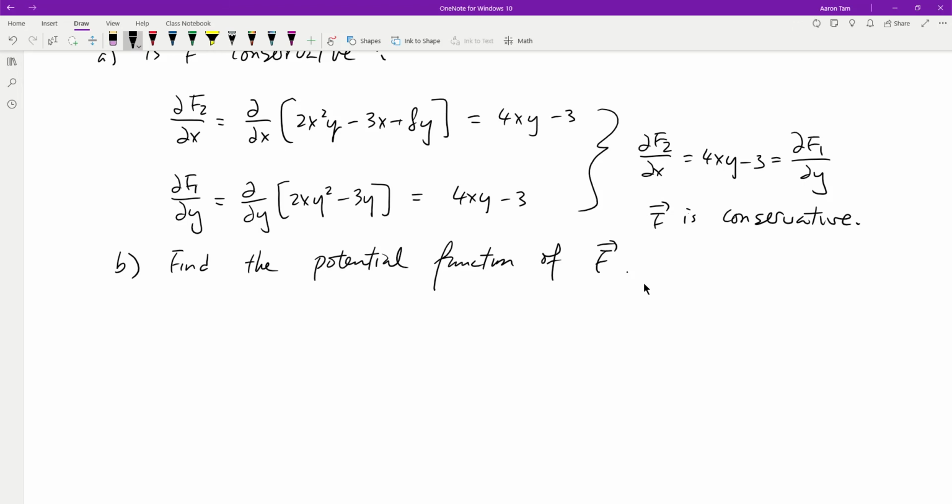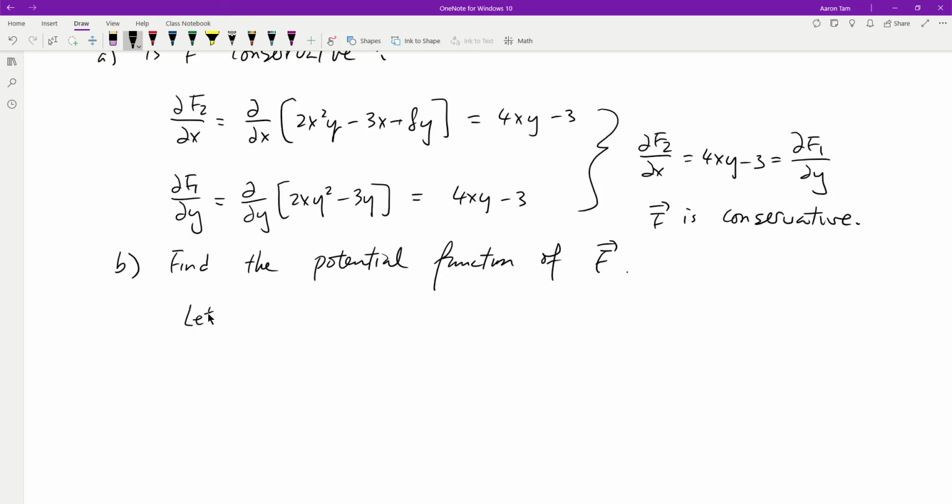The idea here is to understand that if vector f is indeed the gradient of a potential function lowercase f, then vector f must equal the gradient, the partial derivatives, of lowercase f. So let's use that to our advantage.